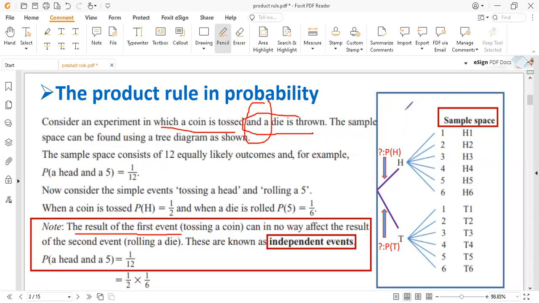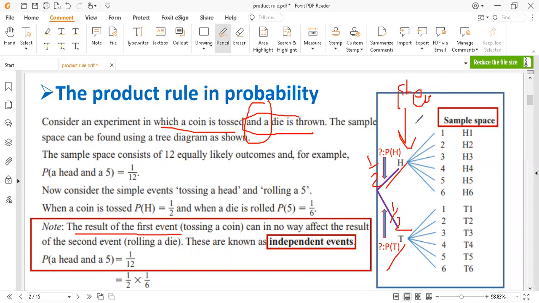When tossing a coin, we could obtain head or tail. Head and tail are equally likely, so the probability of getting a head is 1/2 and of getting a tail is 1/2 also.